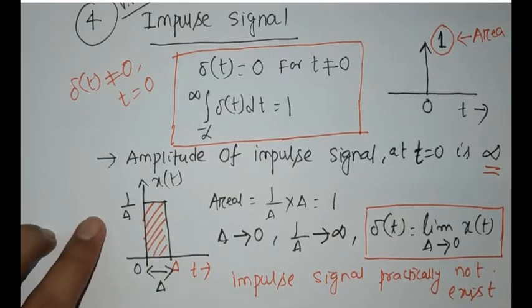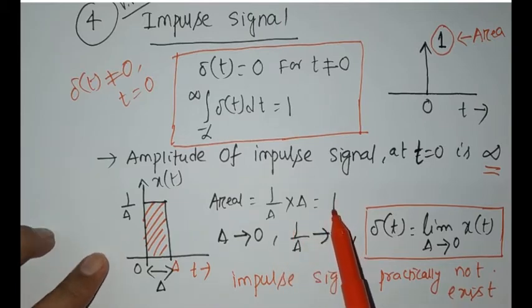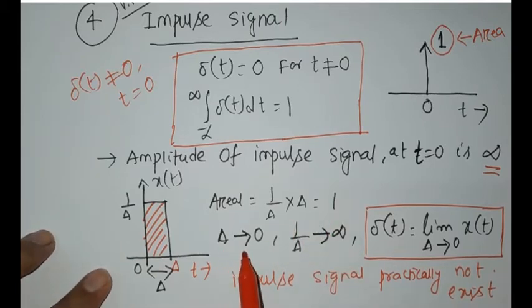Let the amplitude be 1 by delta and the width be delta. Clear? The area is 1 by delta multiplied by delta equals 1, and when delta tends to 0, 1 by delta is infinity. Now this is your impulse signal.